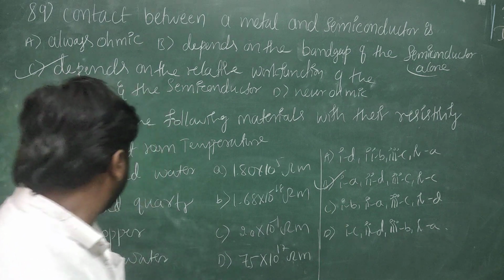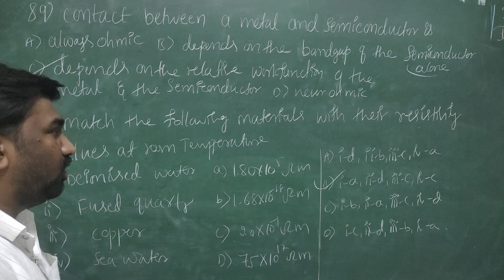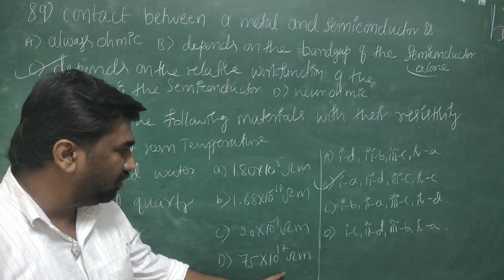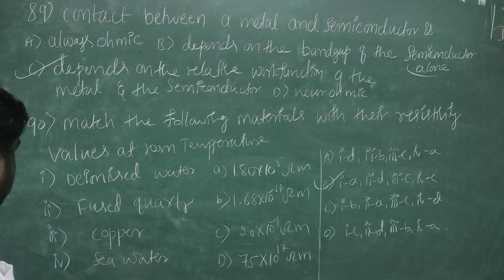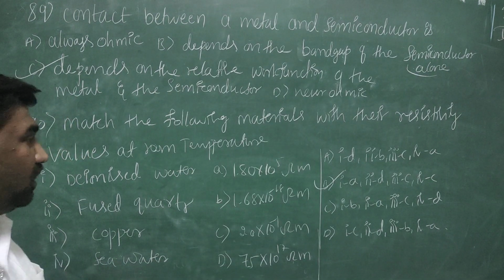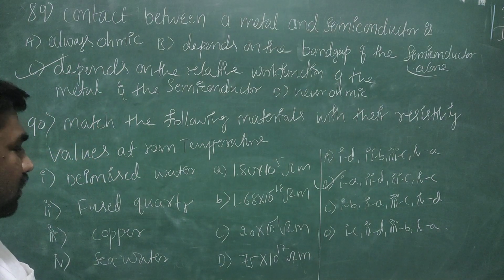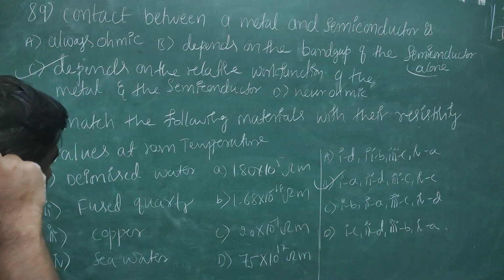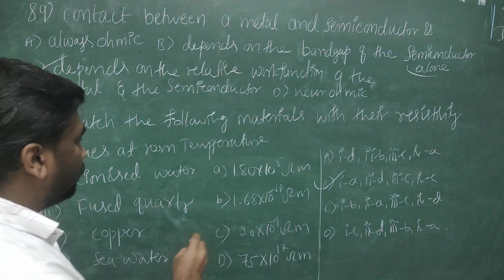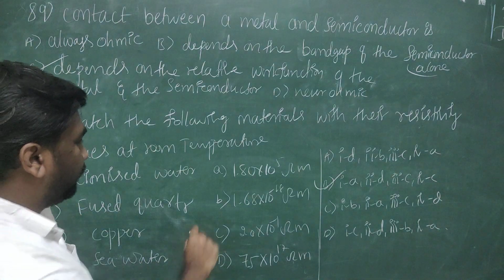If you calculate, we will get for deionized water 1.80 to the power of 5 ohm meter, and for fused quartz we will get 7.5 into 10 to the power of 17 ohm meter, and for copper we will get 2.0 into 10 to the power of minus 1 ohm meter, and for sea water we will get 1.66. Okay, so option B is correct.